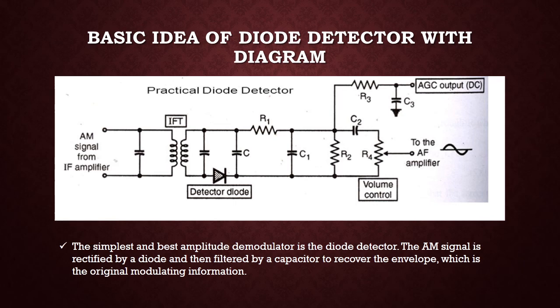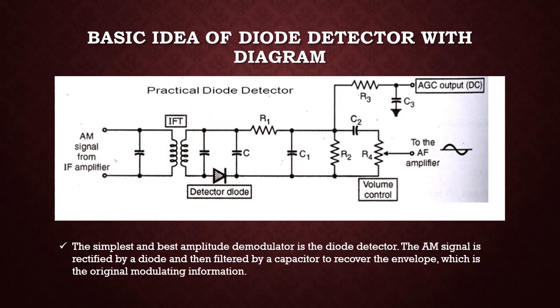R1 and R2 provide a series DC path, and R1C1 here is the low pass filter, which is used to remove the RF ripple.